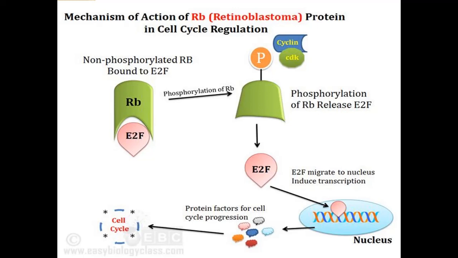Upon the separation of E2F from the RB protein, the E2F transcription factor will go into the nucleus and start affecting the genes. Certain genes will start expressing themselves, and as a result, certain specific proteins are made. These proteins will thus push the cell into the next phase of the cell cycle.